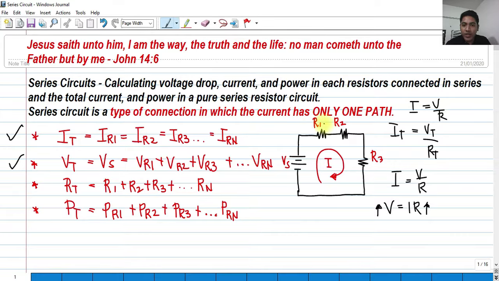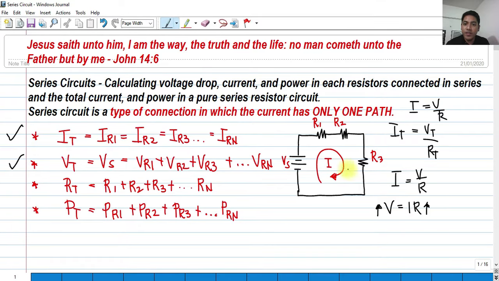So each resistor in a series circuit has a voltage drop, and its voltage drop is given by VR1, or simply V1 in some other books. But for now, as we study the basics, so that you can understand the meaning of VR1, VR2, VR3, we denote the subscript R1, R2 to show that it is the voltage drop at a particular resistor.